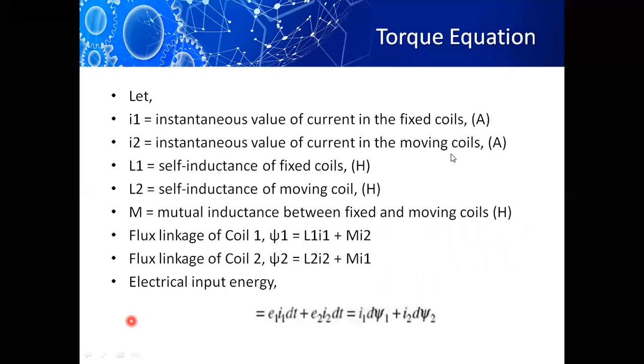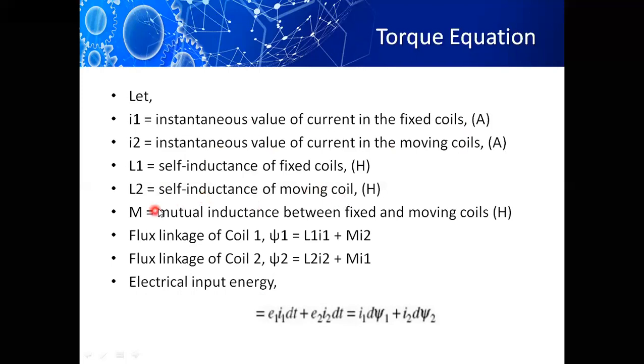We will go for the torque equation. Let I1 be the instantaneous value of current in the fixed coils. I2 is the instantaneous value of the current in the moving coils. L1 is the self-inductance of the fixed coil. L2 is the self-inductance of the moving coil.